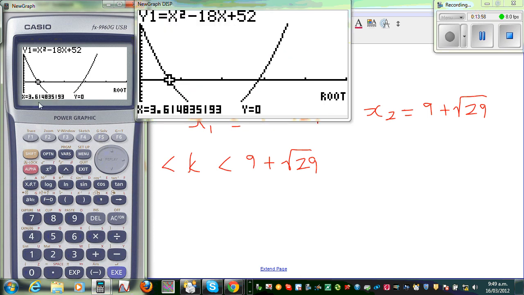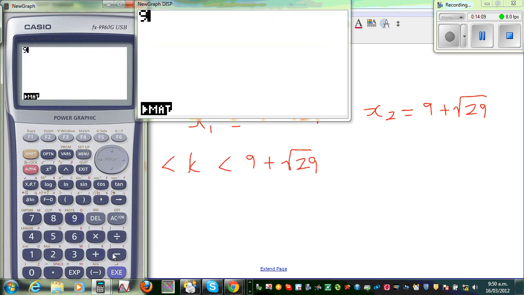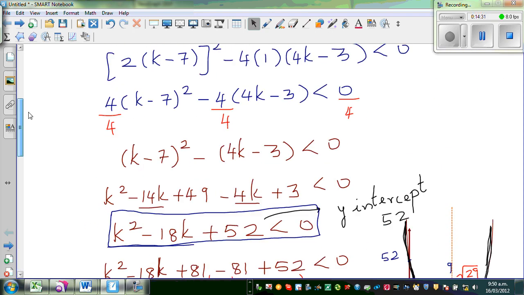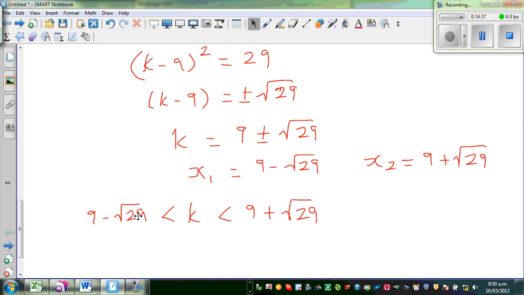You can check that yourself. 9 minus root 29 will give you this, and 9 plus root 29 would give you this value. But the question was to find the exact value, so you can't use the calculator. You can check it, but you had to work this out algebraically.